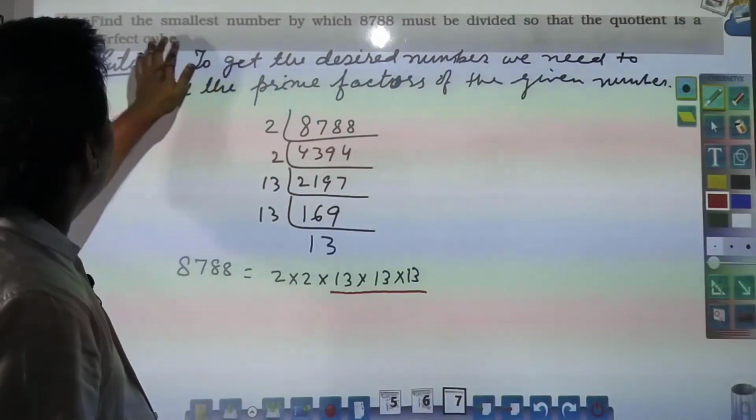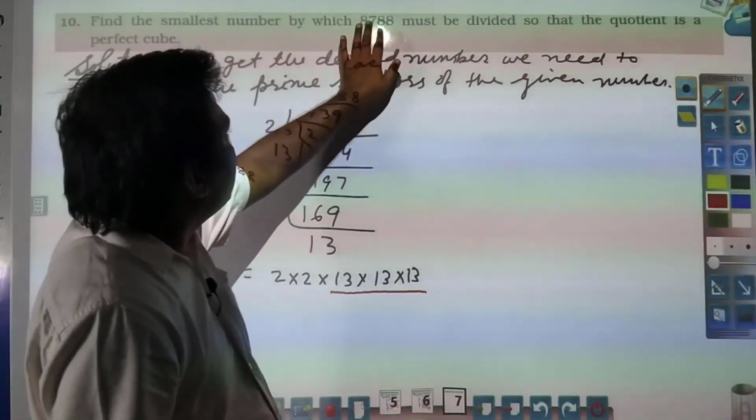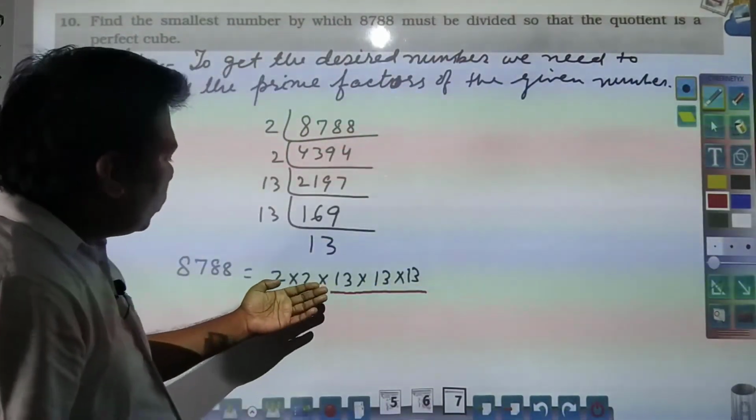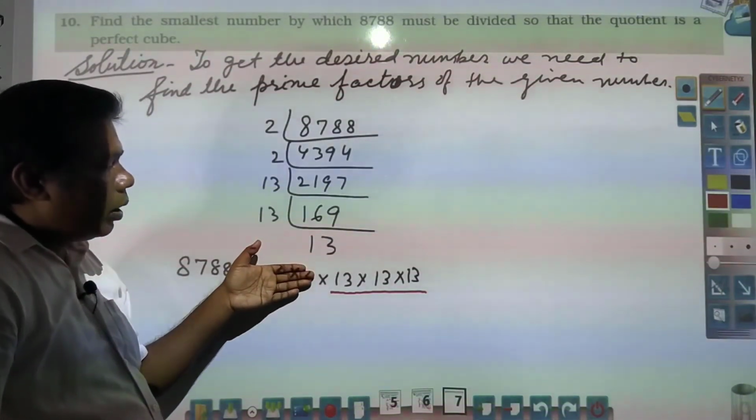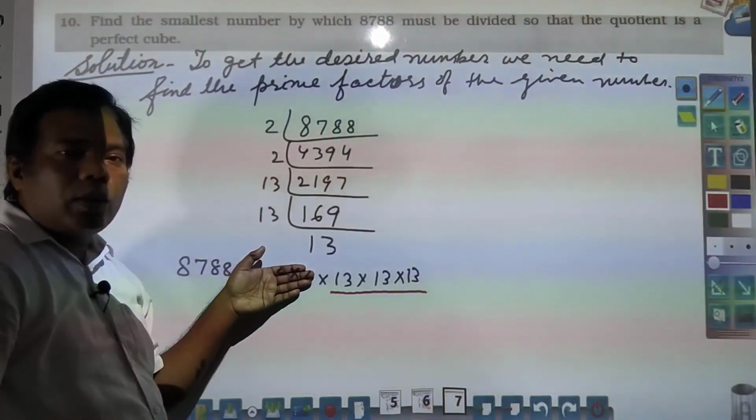Now we need to find the smallest number by which this must be divided. If the 2 into 2 would not be there, this would become a perfect cube.